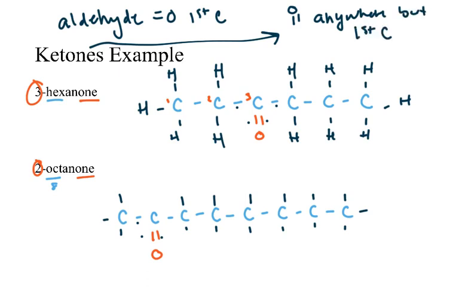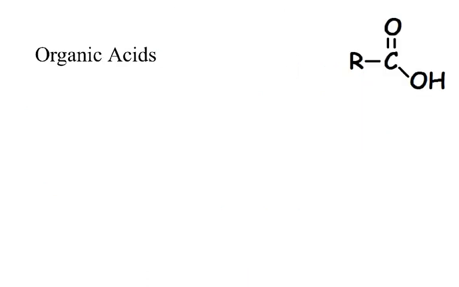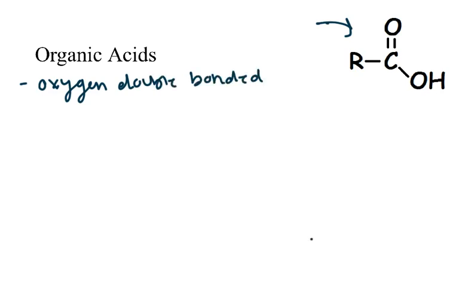Okay, so let's take a look at organic acids. We have a couple more to go through. I hope we can get through it in the time, so let's see what we could do. All right, organic acids. So again, your structural form here, these are all in your reference table as well. So we have an oxygen, double bonded to a carbon.